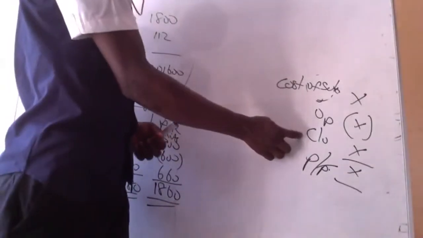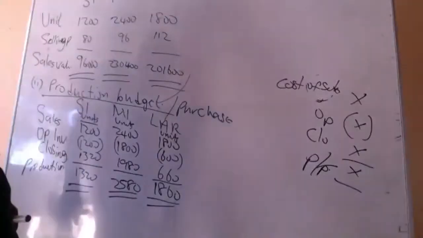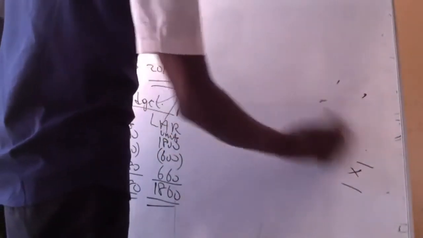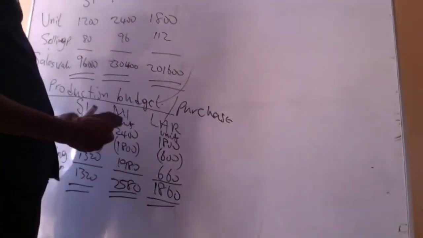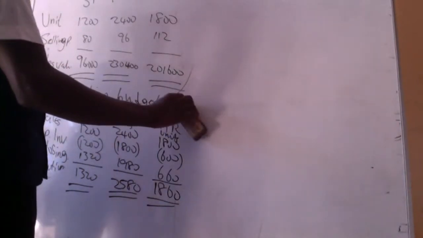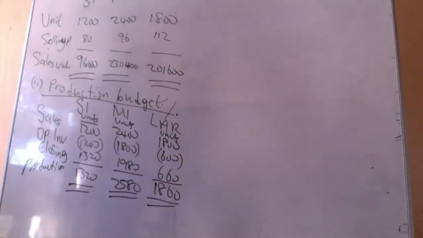All the remaining factors remain the same. That's for purchases. Because a manufacturer will only buy raw material and then produce the goods, so he will incur production cost. But a trading company, the one that buys and sells, will incur purchase of goods for sale.